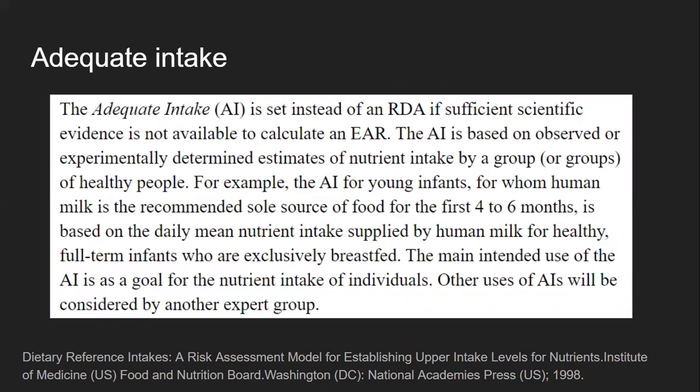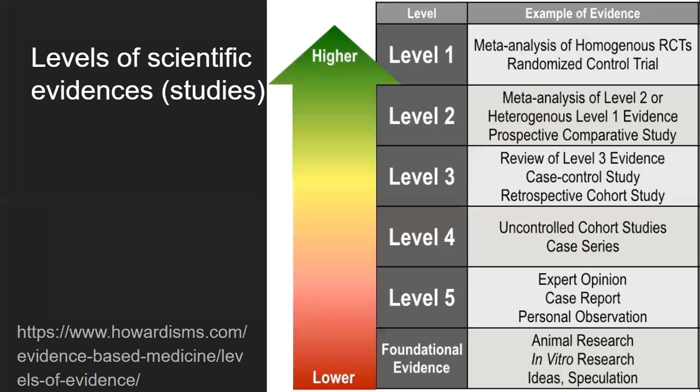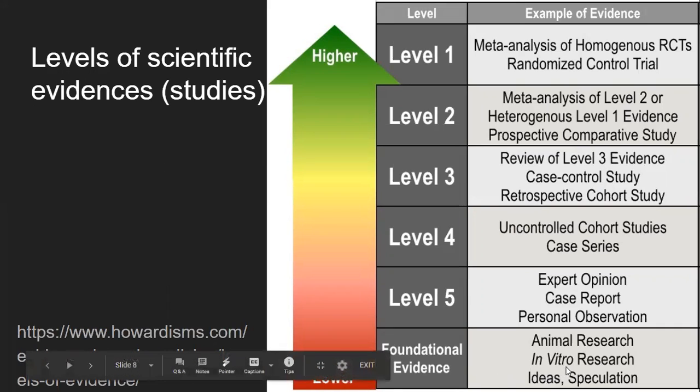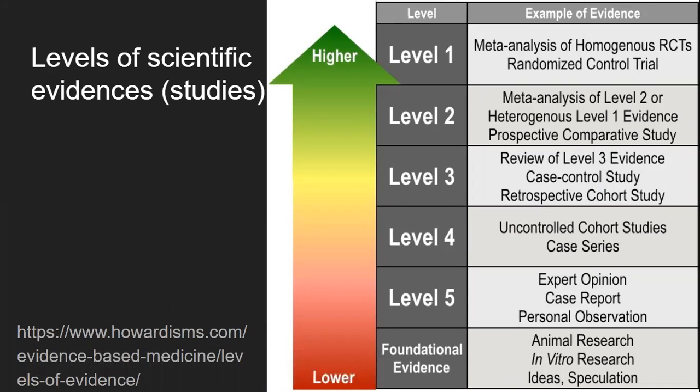So adequate intake is set when there is not enough scientific evidence that is considered sufficient to calculate the EAR. So there are levels of scientific evidence, with the lowest being ideas, speculations, animal research, and in vitro research. In vitro meaning on cells in petri dishes.